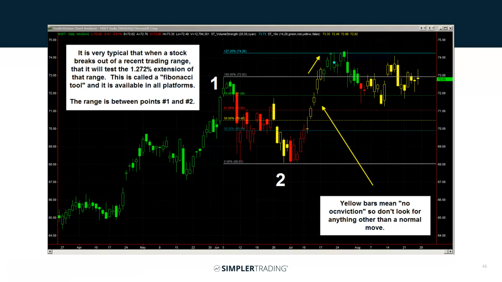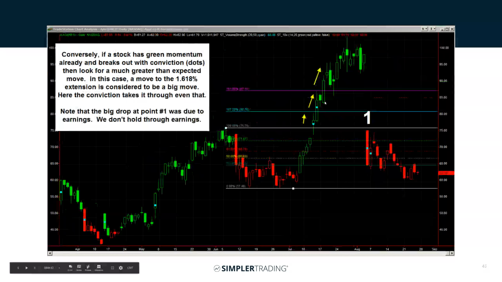So oftentimes, if there's a squeeze down here, and here's a high, and here's the low, and we're looking for where this is going to go, okay? If you get a situation where it's just kind of like yellow bars and not a lot of conviction, we finally get some conviction here toward the end. But basically, you're expecting that 1.272 extension, okay? Again, just keep in mind here, there's not a lot of momentum until the last minute, and there's a little bit of conviction, but not much.